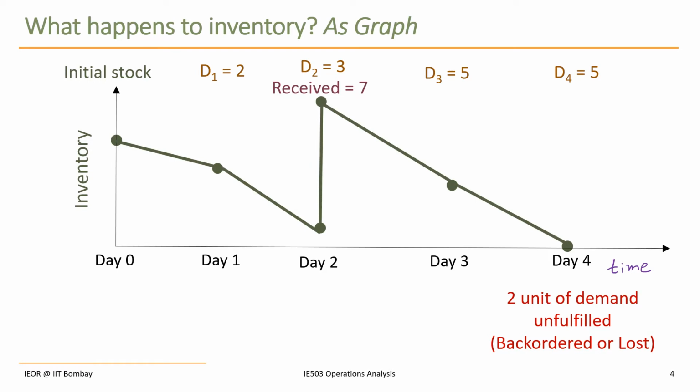Although the inventory is recorded at discrete points in time at the end of day 0, day 1, day 2 and accounting happens, we assume that demand is occurring continuously, so the inventory level will also change during the day. So the slope of this line is nothing but the negative of the demand rate.